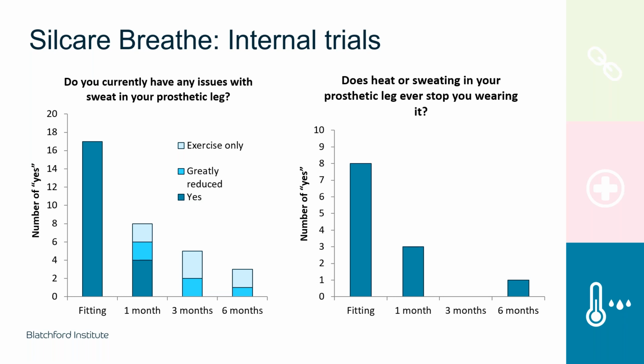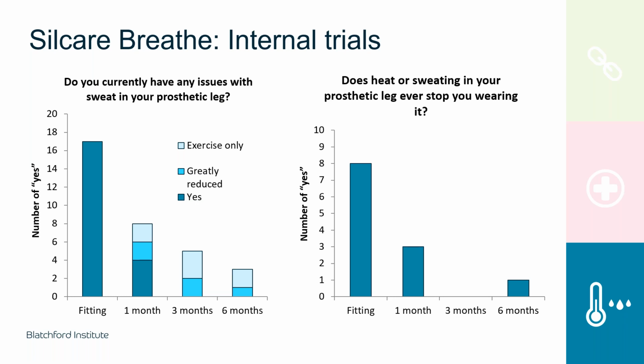However, it's still important to have the subjective feedback, because at the end of the day, if an amputee finds that a device helps them, then it doesn't really matter if we can't actually see that in a gait lab or through some outcome measures. So when we did the trials internally, the subjective feedback was positive.